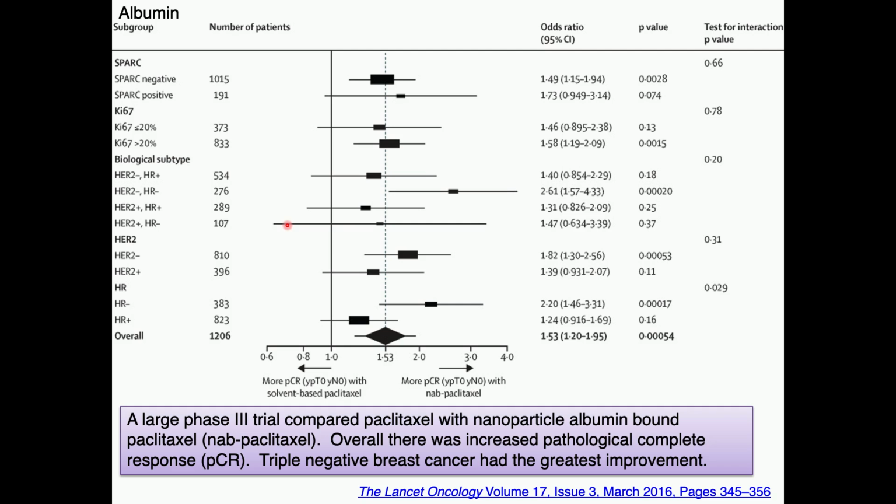If they're overlapping that number one, that kind of no effect, then that's not a statistically significant result. So the overall result here strongly favors Abraxane, the albumin-conjugated paclitaxel, versus the solvent-bound paclitaxel, but it's not for all groups.